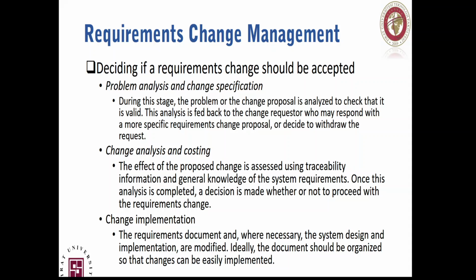In that case, we need to follow a scenario where we create our document easy to be amended, changed and updated. We can use the concept of modularity. We can create modules so that we know which module will be revised and changed. And also the traceability policy will help us to do so.